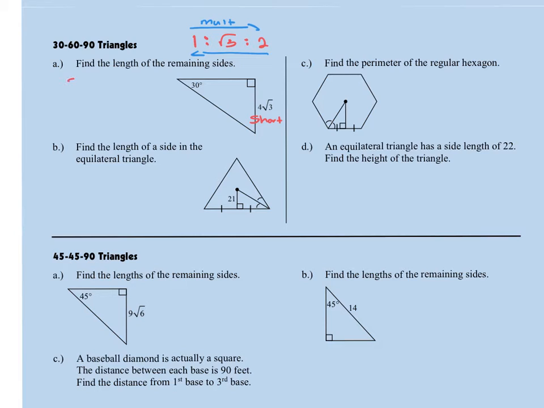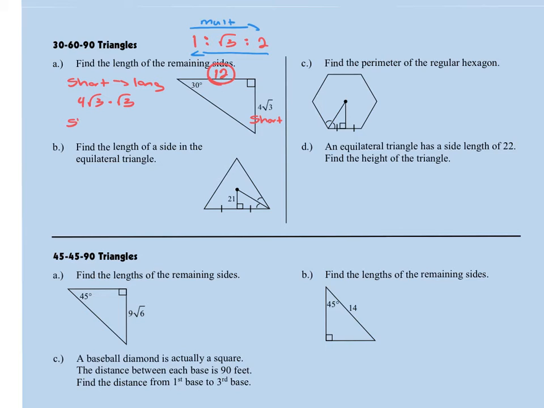If I want to go from the short to the long, my long, of course, is right here because this angle would be 60. So if I'm going from the short to the long, I just need to multiply by a radical 3. So I'm going to take my 4 radical 3 and multiply it by a radical 3, which means I really just have 4 times 3, or 12.